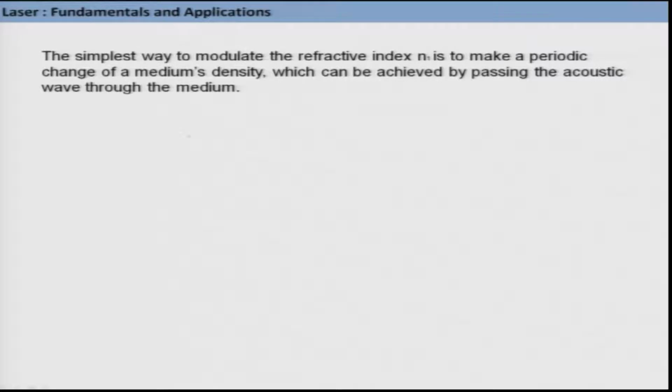So, how to do that? Okay. So, the simplest way to modulate the refractive index N1 is to make a periodic change of a medium's density, which can be achieved by passing acoustic wave, sound wave. Okay. Of course, you expected this one because we started with these acoustic devices.